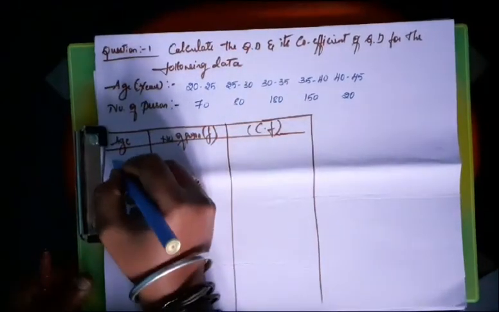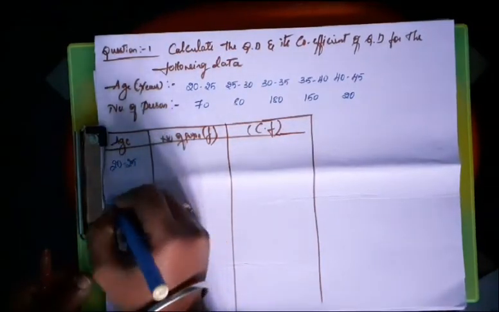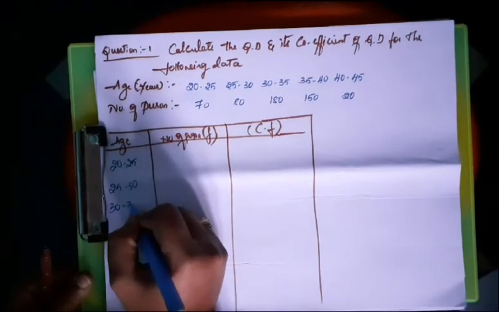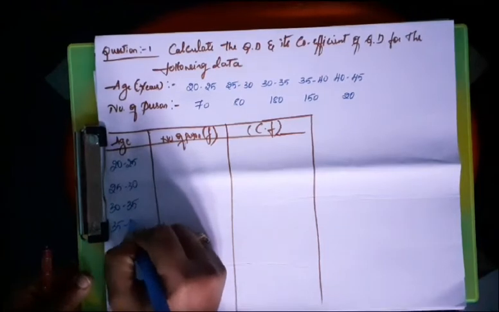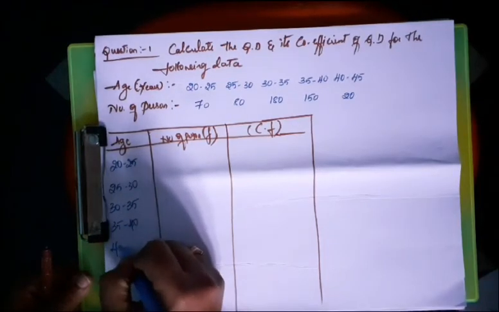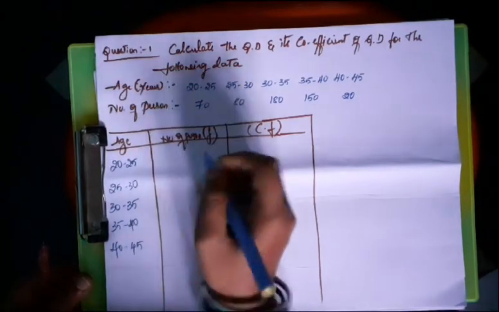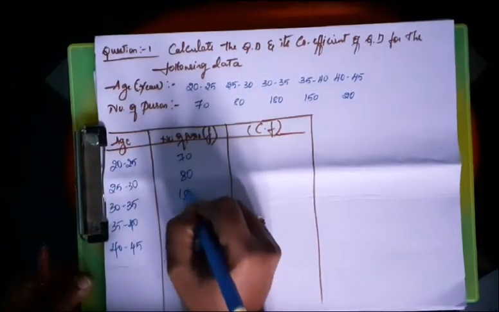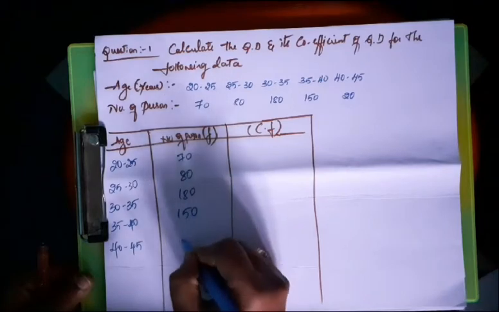Age you write as it is: 20 to 25, 25 to 30, 30 to 35, 35 to 40, 40 to 45. And frequency 70, 80, 180, 150, 20.